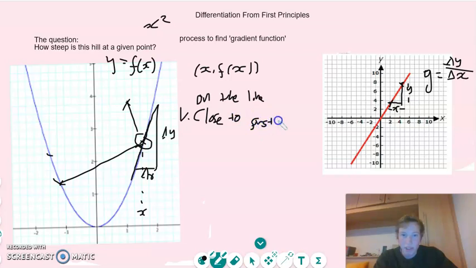Okay. So now I've got to translate these wordy things into maths. I've said that the x-coordinate of this first point is x, and I'm going to say the second point, the super duper close point, let's say it's here. I know that's not really close, but so you can see it. I'm going to say it's x plus h, but I'm saying limit as h tends to 0.